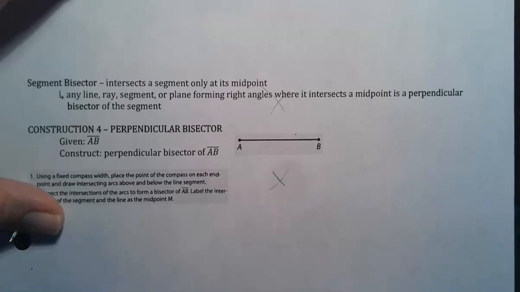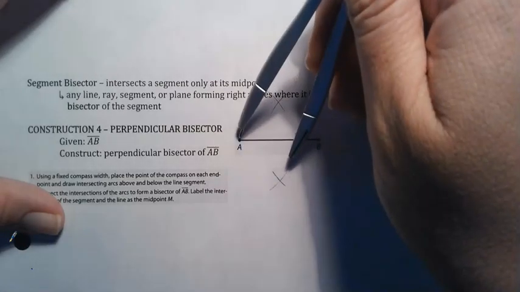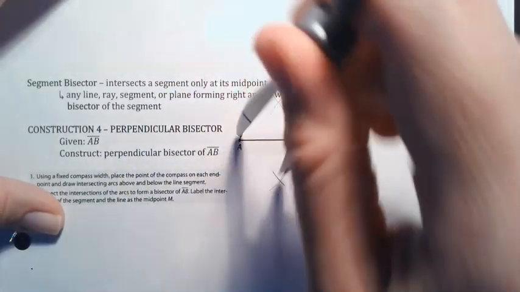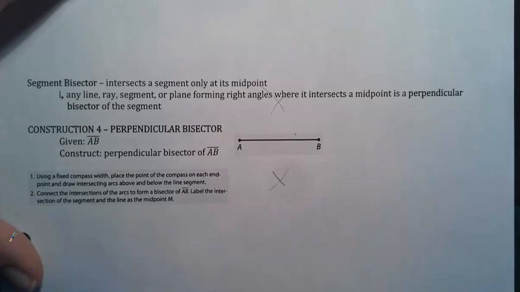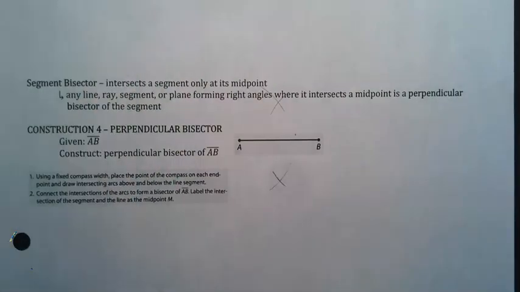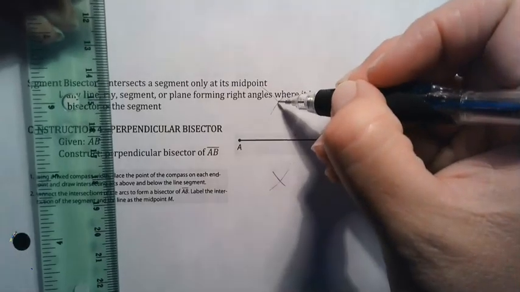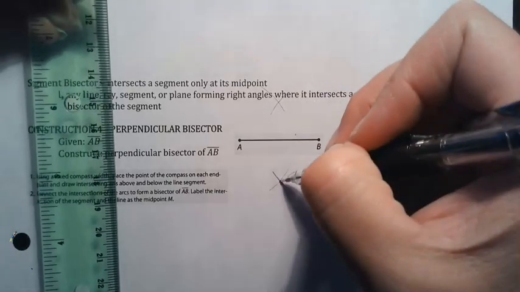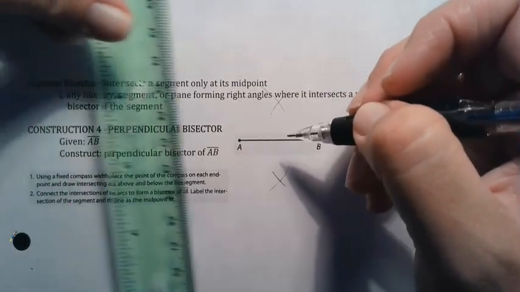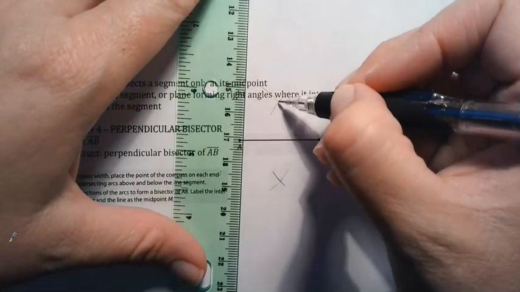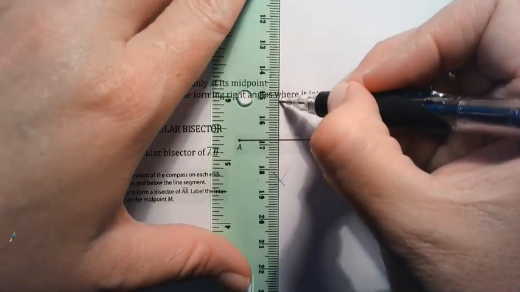Hopefully I didn't move that. Notice I just have an arc on the top and the bottom because I put my endpoint on both ends and drew an arc. Now we're going to connect the intersections of the arcs. See that intersection point and this intersection point? We're going to connect those to form a bisector.